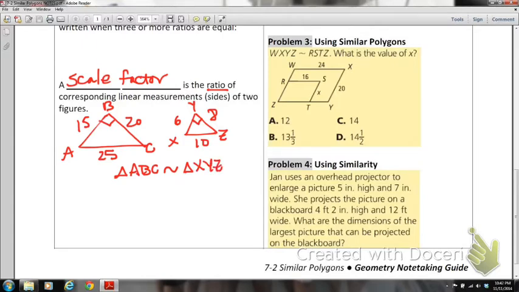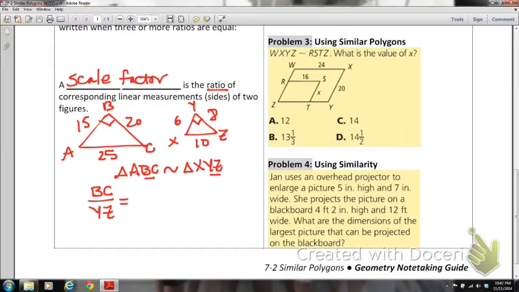So to find the scale factor between these two triangles, you're going to take the lengths of corresponding sides. So for instance, BC corresponds to YZ. Once again, if you're not sure which sides go together, you can always tell by the name, okay? BC goes with YZ in the name.